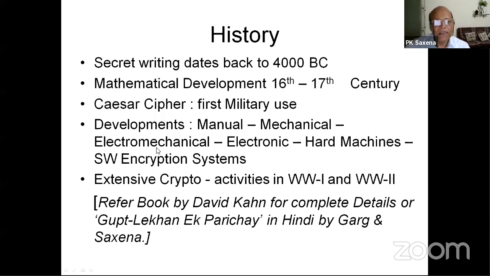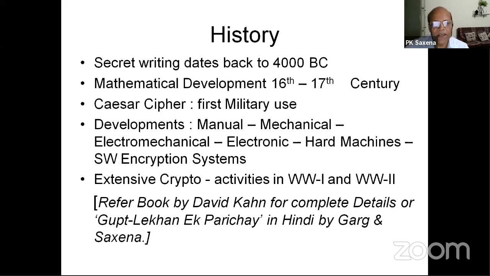Then instead of just mechanical, electromechanical machines came, followed by purely electronic machines, and that was followed by hardware machines and today's advanced encryption systems, which are totally dedicated hardware-based and software-based systems.